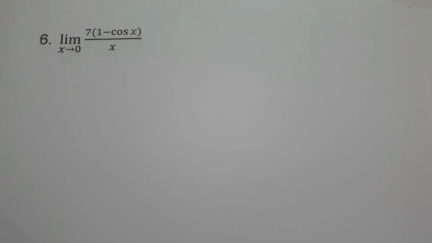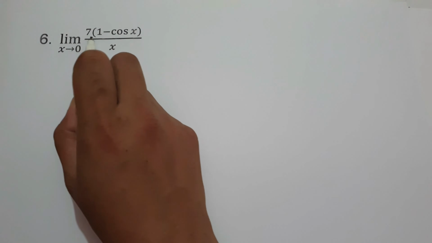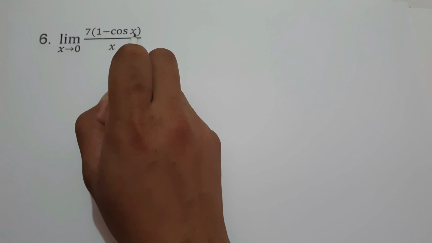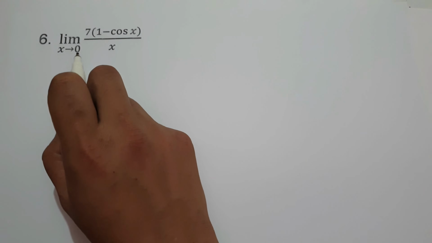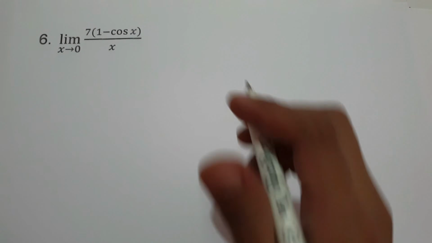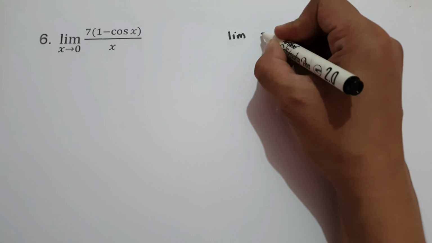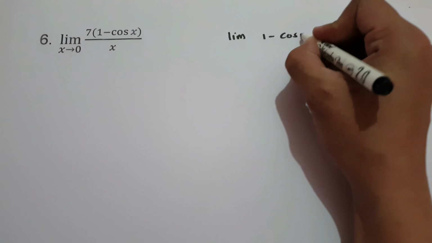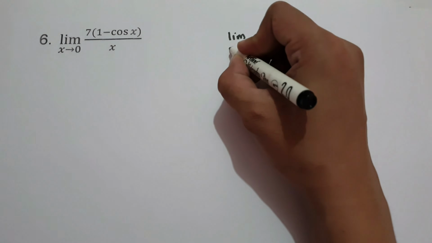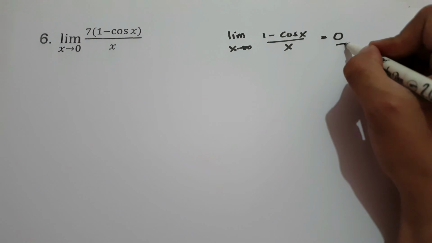On example number 6, we have the limit of 7 times the quantity 1 minus cosine x over x as x approaches 0. To simplify this, we are going to use the formula that the limit of 1 minus cosine x over x as x approaches 0 is 0.